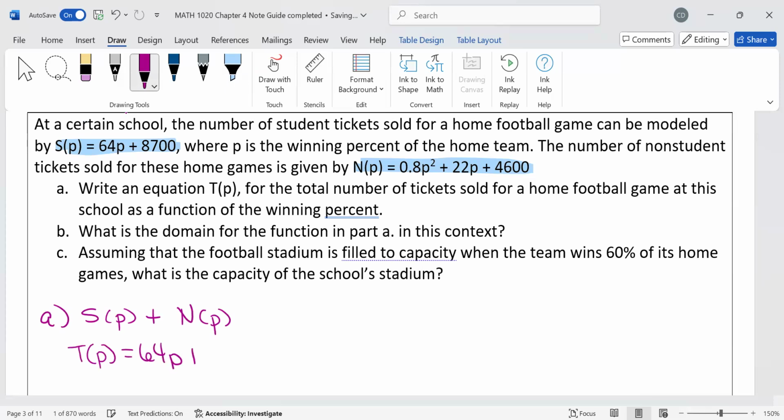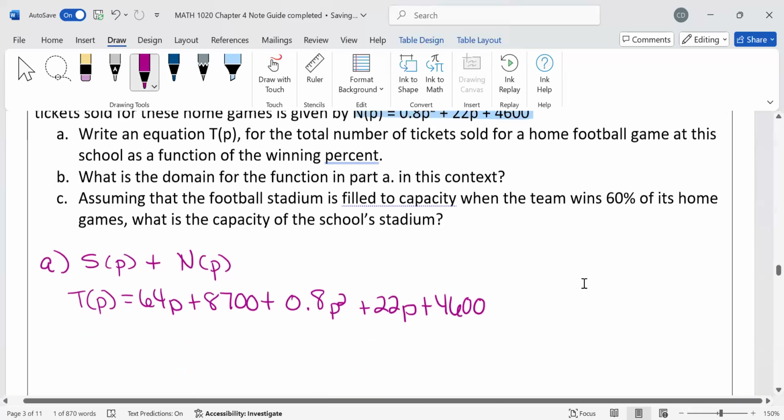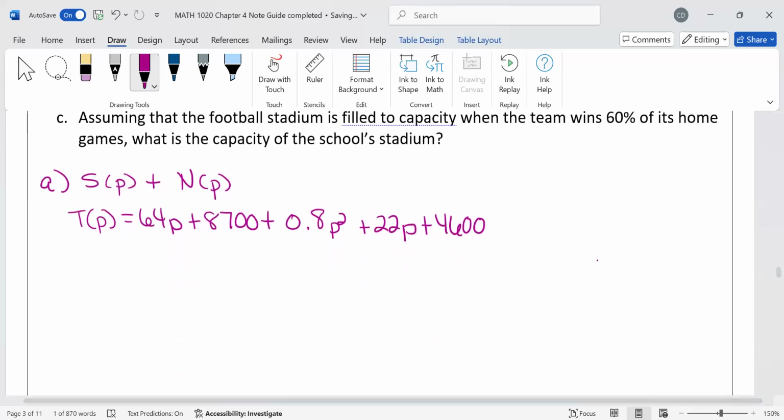So we're just going to add these two together. And then we need to simplify.